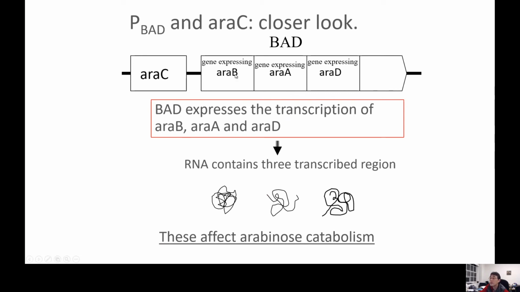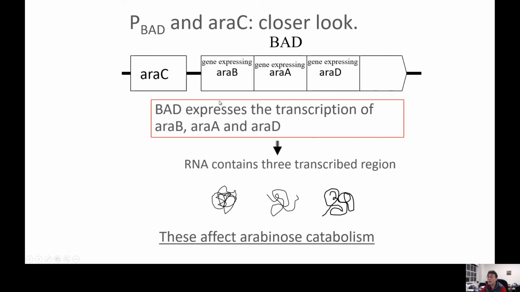So ARAC, ARAB, ARAA and ARAD are the regions that give us PBAD. This BAD comes from the region called araB, araA and araD, which encode catabolic enzymes for arabinose. Arabinose is a six-membered ring sugar, just like glucose, so it can be used as an energy source.